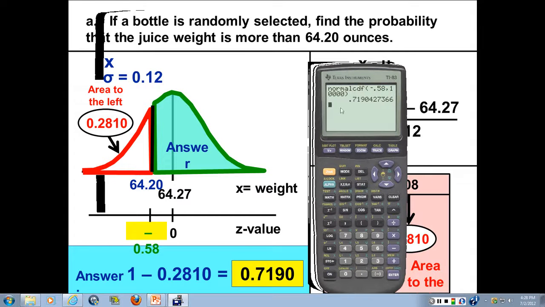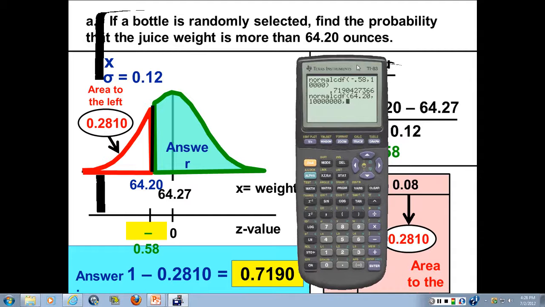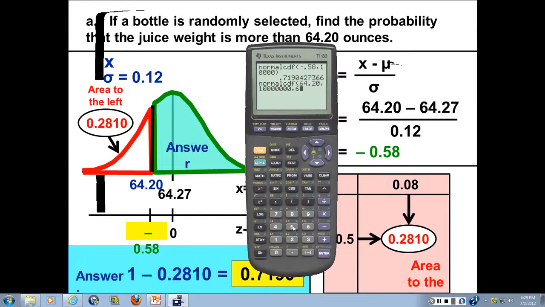Now there's another thing you could do, but I would warn you against it because of the final exam. That's second vars, normal CDF. You could go from 64.20, comma, all the way out to infinity. Then you would put your mean, which was 64.27, and then our standard deviation, which was 0.12.